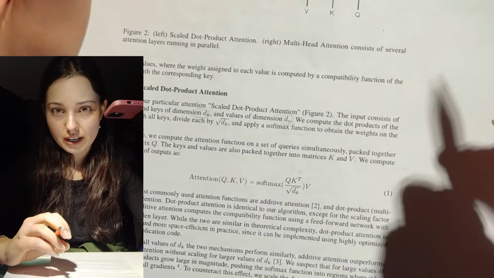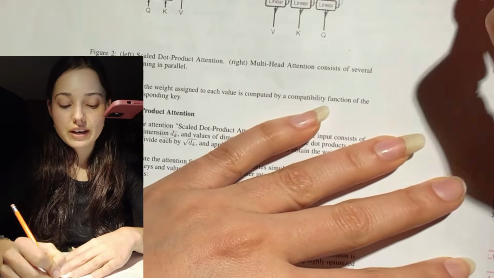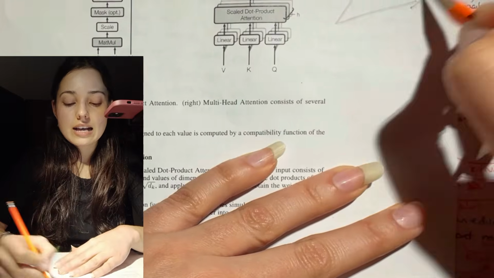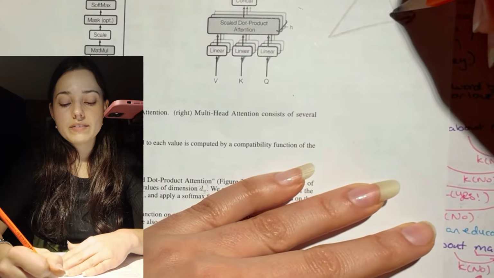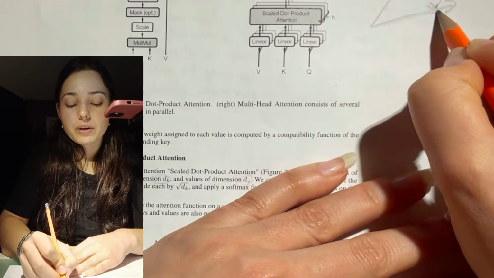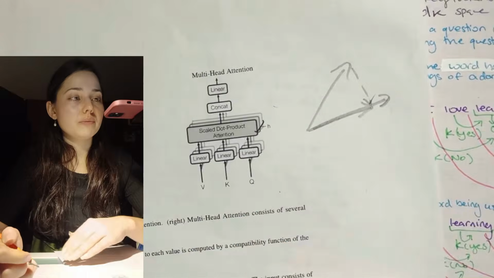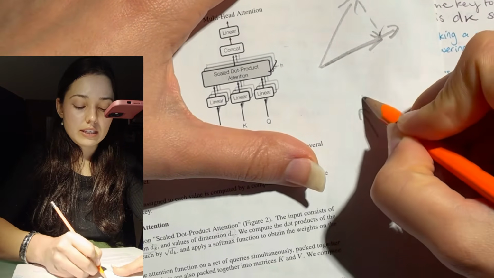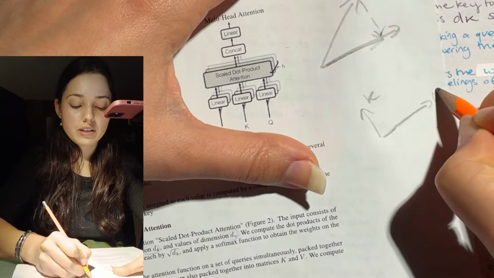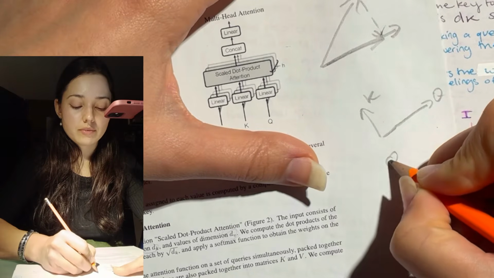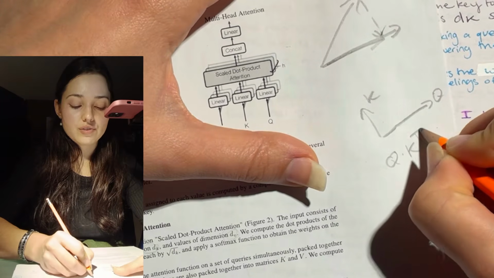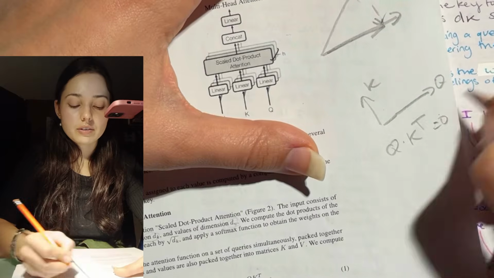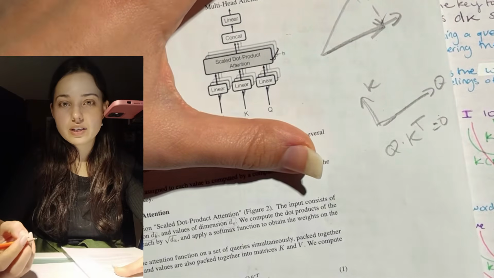And what is the dot product? If you have two vectors, the dot product is asking how much of one vector overlaps with the other vector. For example, if this was our key and this was our query, the dot product between them, Q K transpose, would be 0 because they're completely linearly independent.